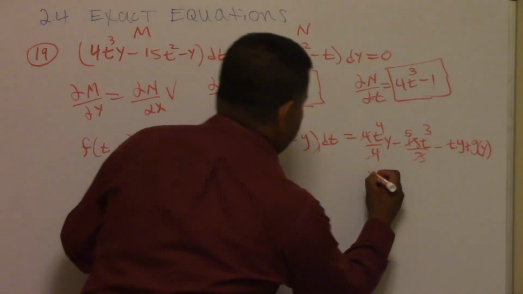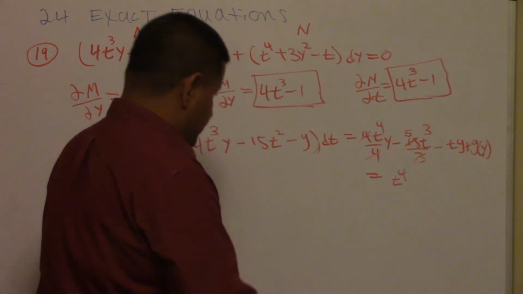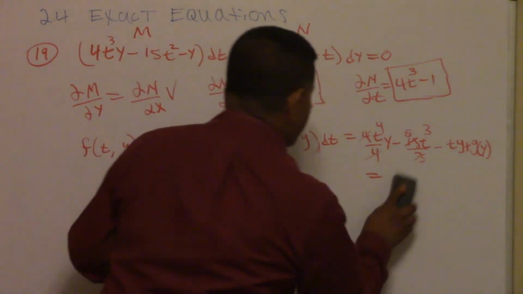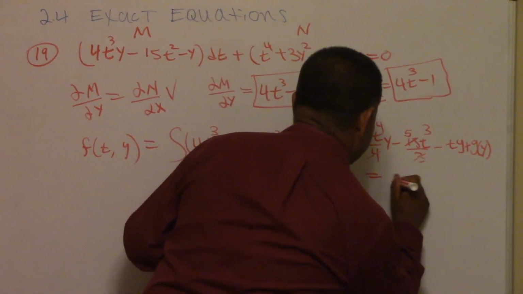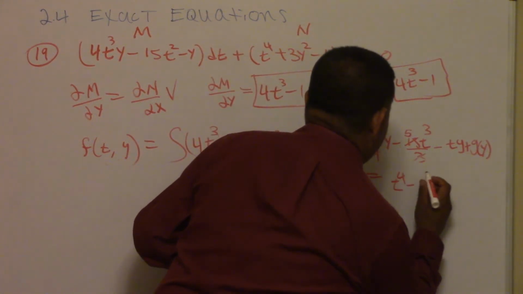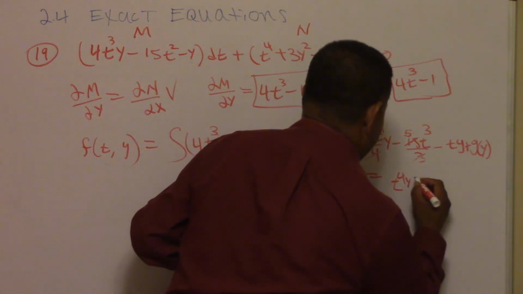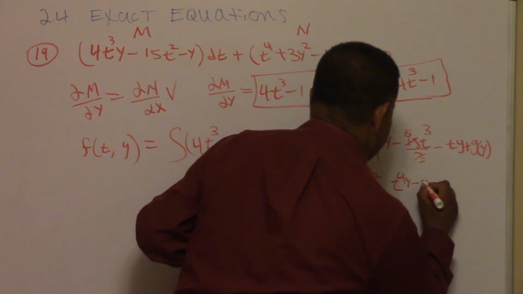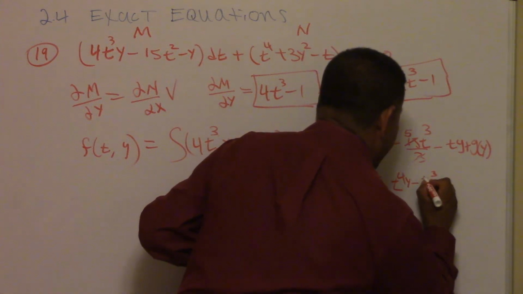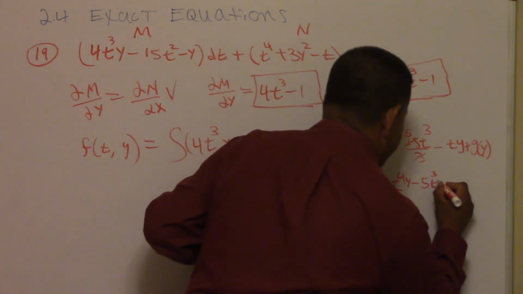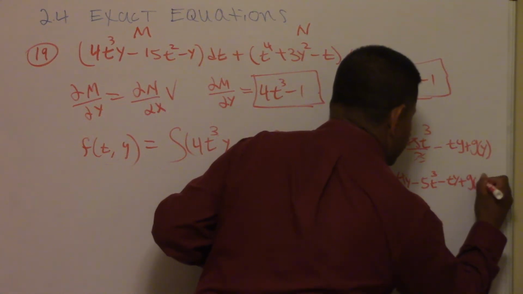So this is equal to t to the fourth y minus t to the fourth y, sorry, minus 5t cubed minus ty plus g of y.